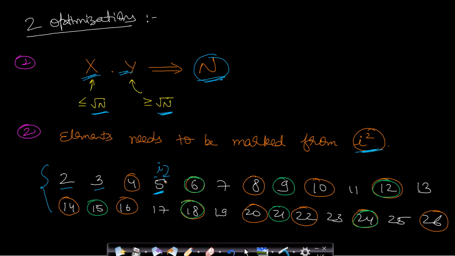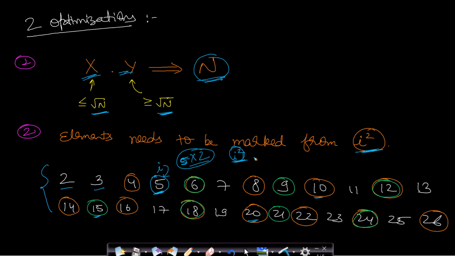If you start marking with 5 into 2 like we did previously from 2i, then you can see that 10 is already covered, 15 is already covered, 20 is already marked, and so on. So it is guaranteed that if you are at a number I, then all the numbers till I square will be marked by the previous prime numbers.